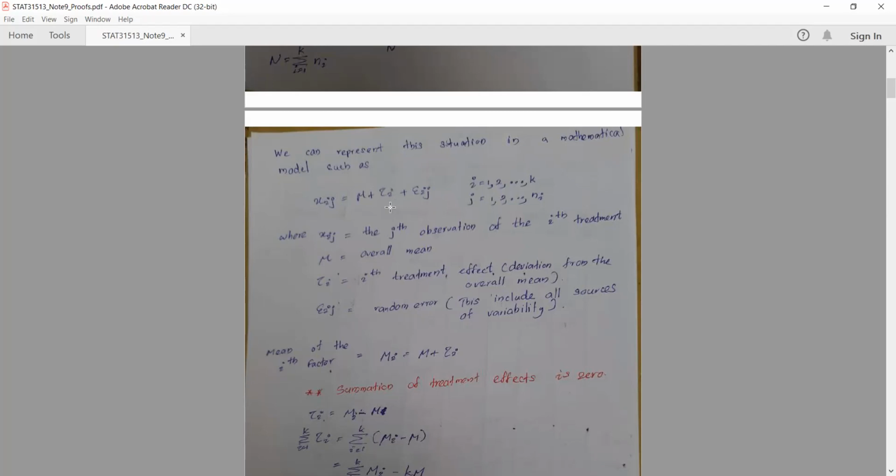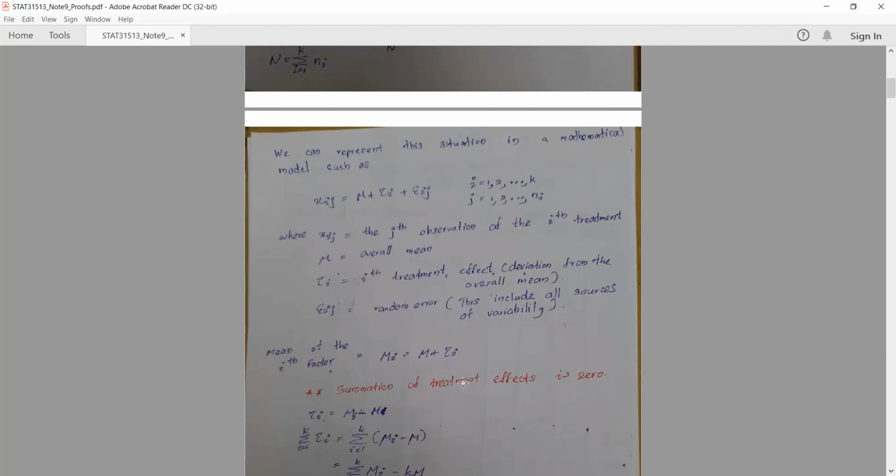Here, tau i is the effect of the ith treatment. When you compare the two models, mu i replaces the term mu plus tau i, so mu i is equal to mu plus tau i.